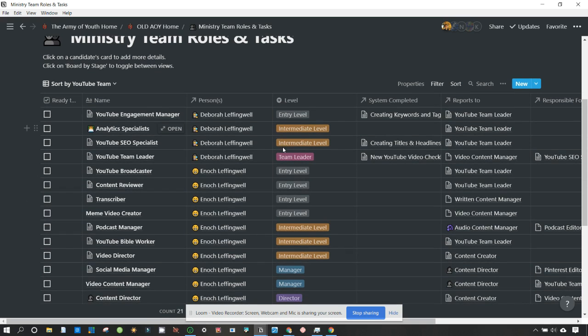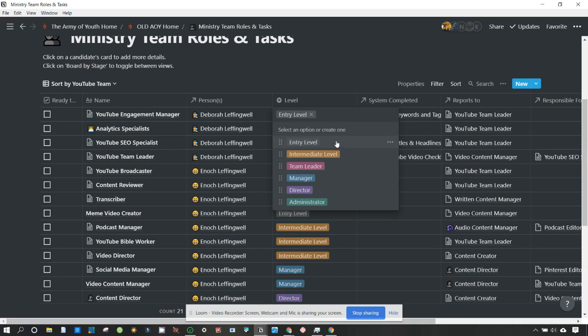We have identified every role at what level they are into these different tiers or categories in the org chart. One is entry level, some is an intermediate level, maybe a little more skill, and then a team leader. All throughout our ministry, this is the basic structure: every position or role falls under one of these categories.